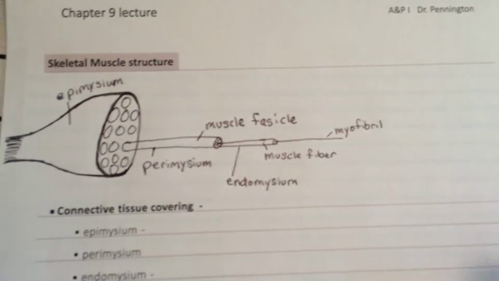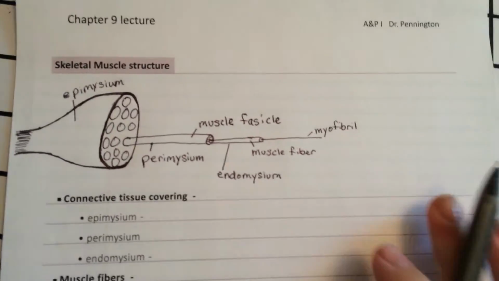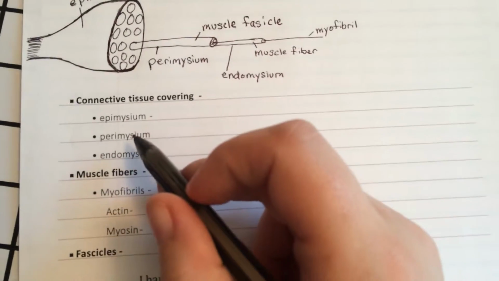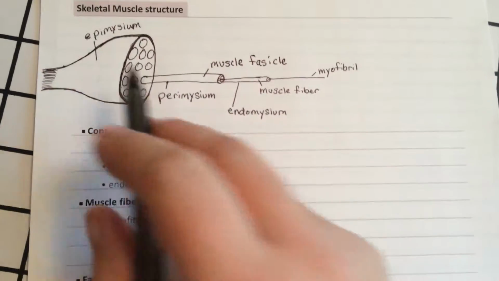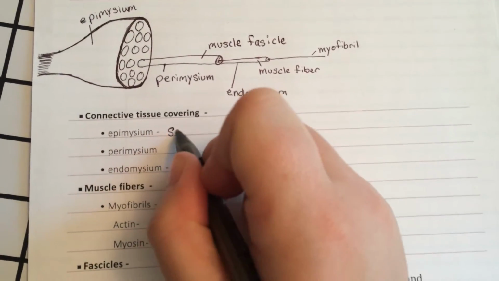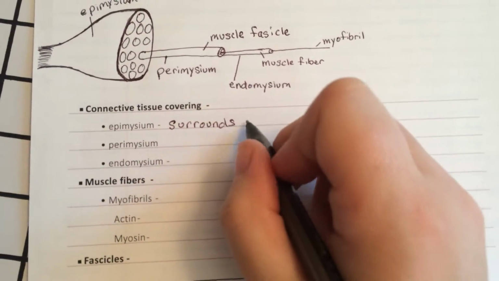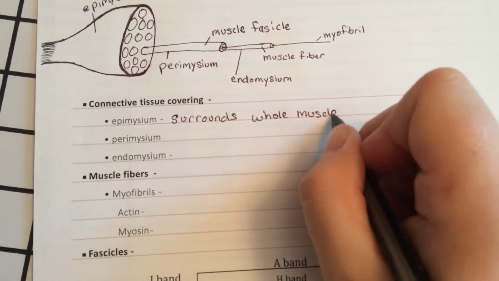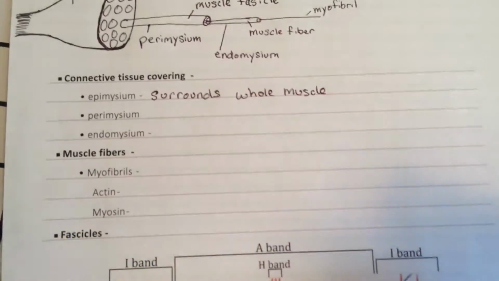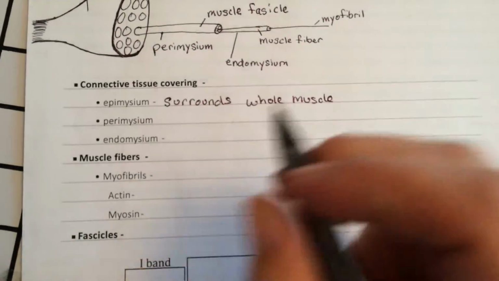All right, so back to this page. So hopefully that kind of gives you an idea about the levels. So the connective tissue covering, the epimysium, as we saw here, surrounds the whole muscle. So the epimysium is the outermost layer of connective tissue.